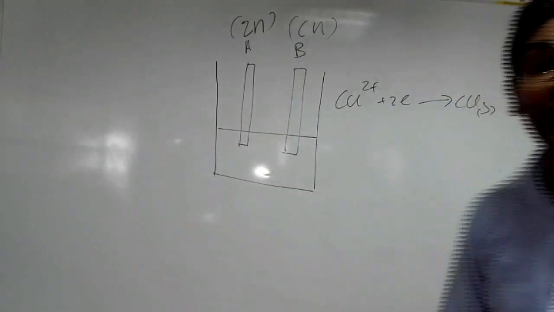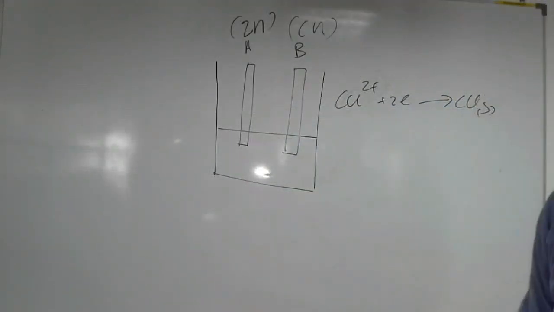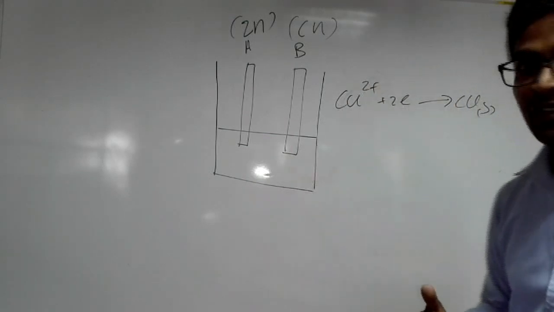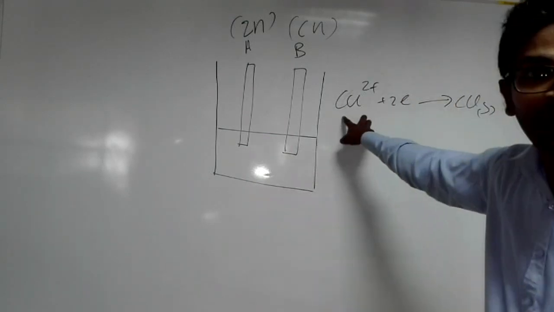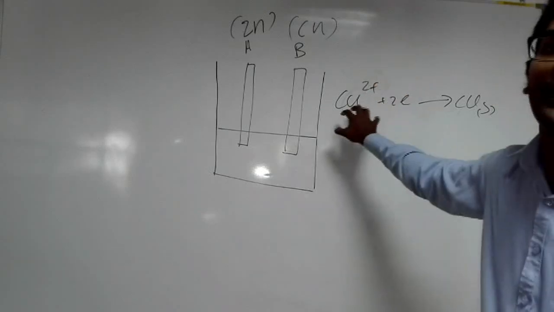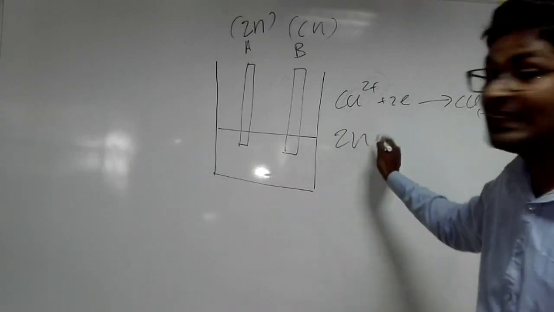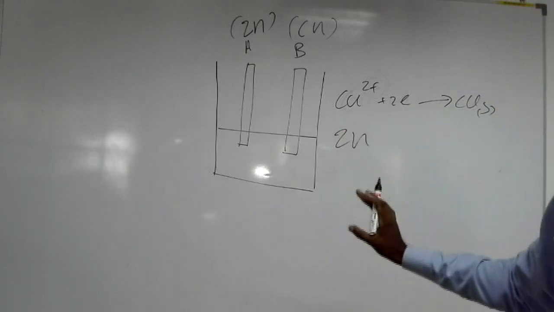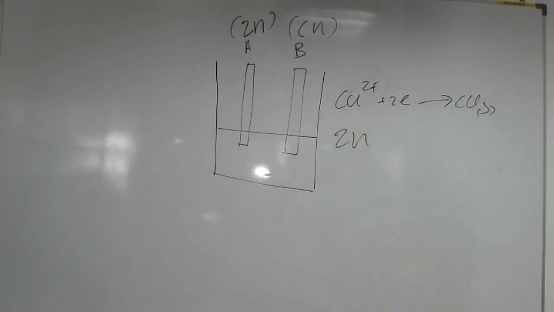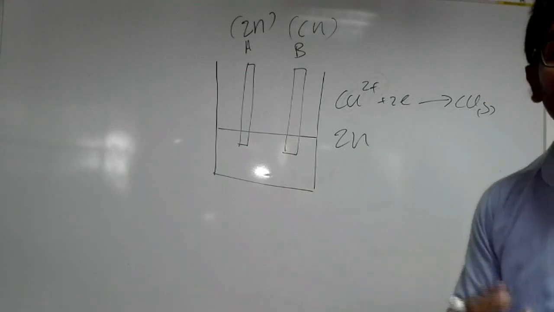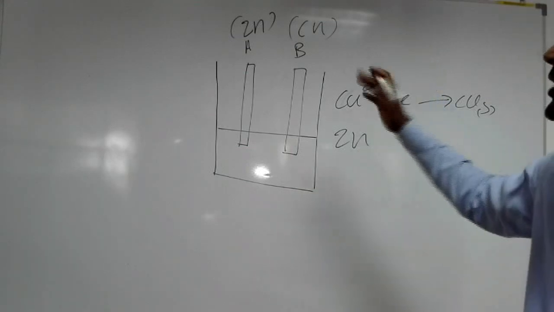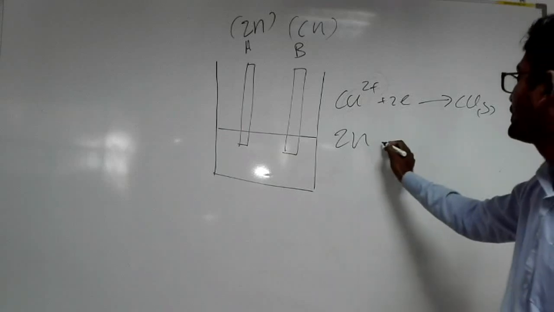According to the electrode potential, we can identify which is the oxidizing part and which is the reducing part. Copper is more favorable for reducing, so copper is the deposition part and zinc is the oxidizing part, more favorable for oxidation according to the electrochemical series.